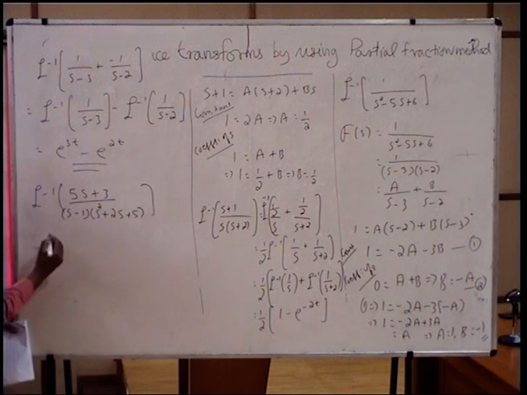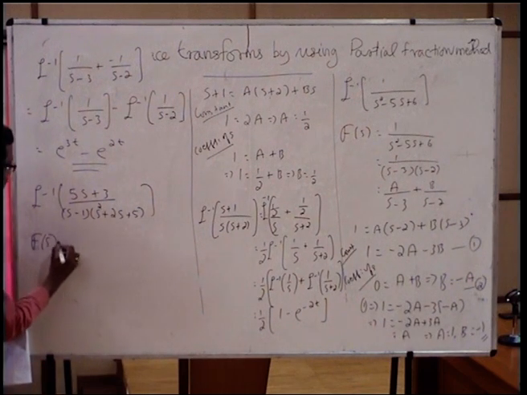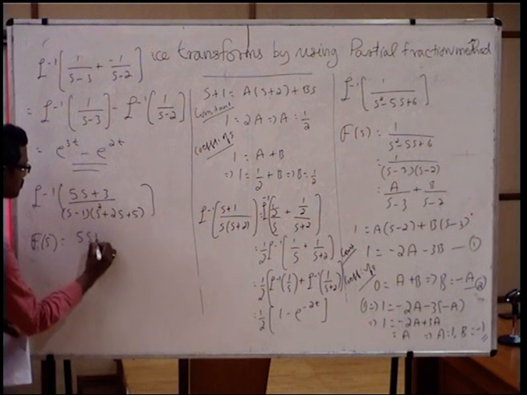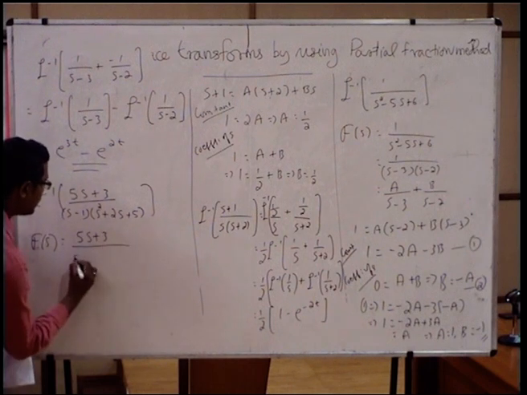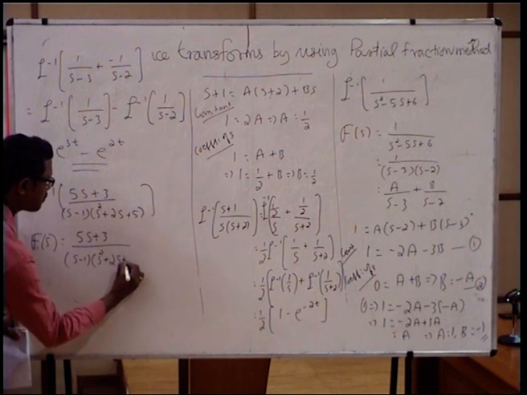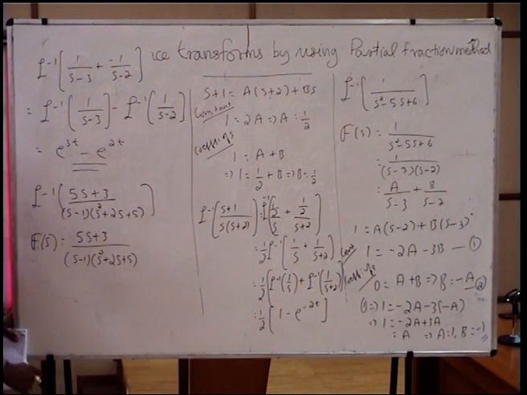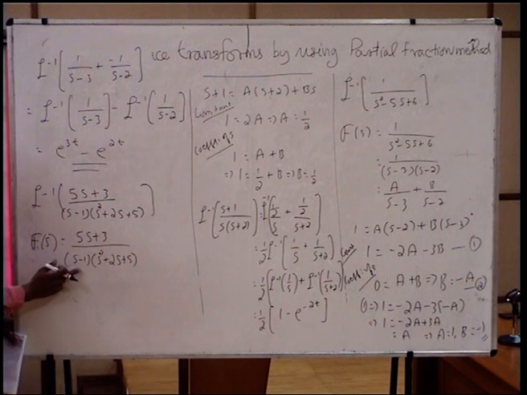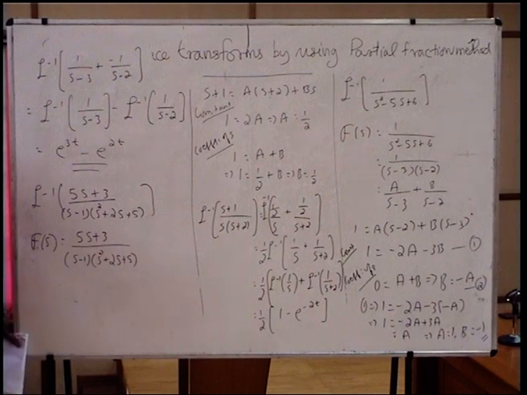So consider F of s equal to 5s plus 3 by s minus 1 into s square plus 2s plus 5. Here the denominator factors are s minus 1 and the second degree polynomial s square plus 2s plus 5.